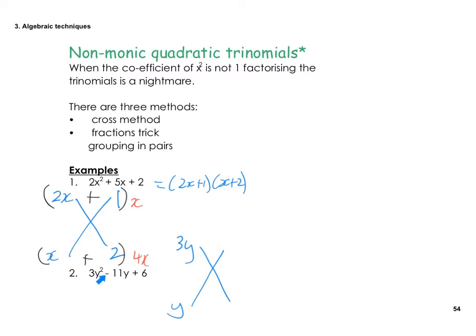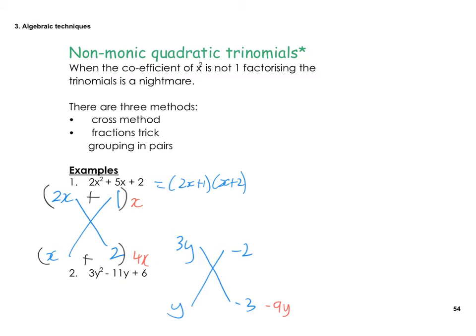Since we need a minus here, we've got to have minuses to get this. Because minus minus is plus, we know both the numbers over here have to be minus, because this is plus and this is minus. Now to get 6, we have minus 3 and minus 2. Just try them here. Now move to the cross. 3y times minus 3 is minus 9y.